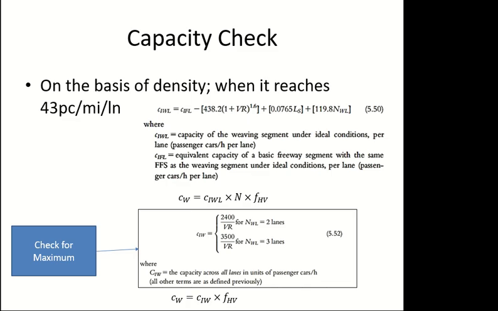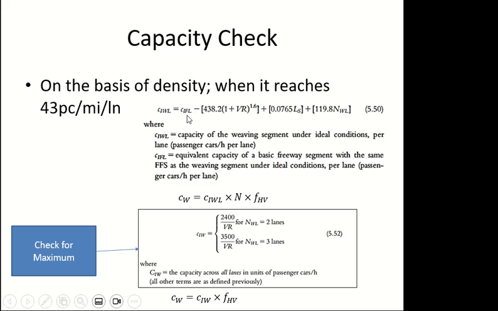Then we can calculate the capacity of the weaving segment under ideal conditions. So this is capacity of the freeway segment under ideal conditions, CIFL.